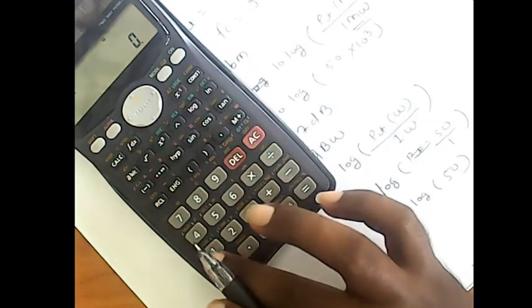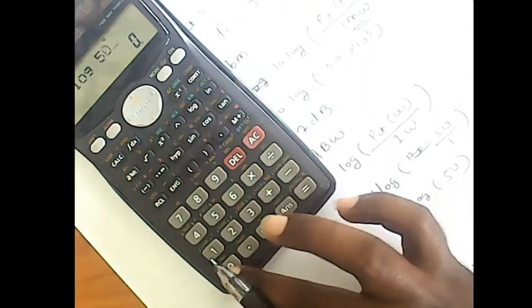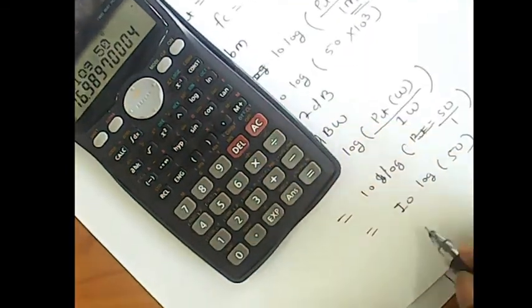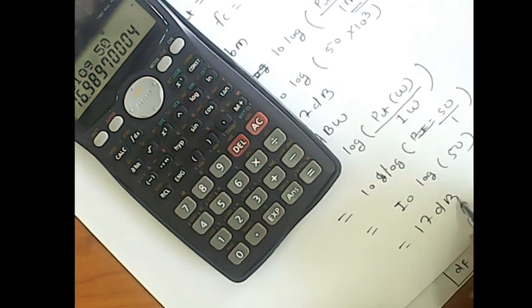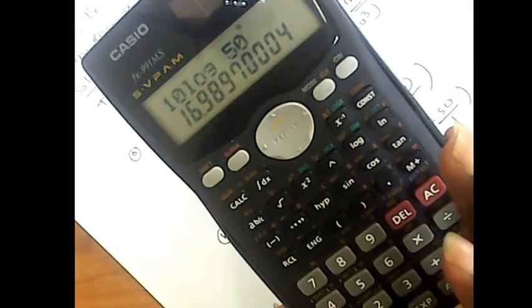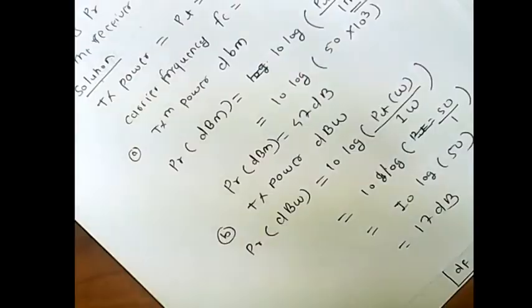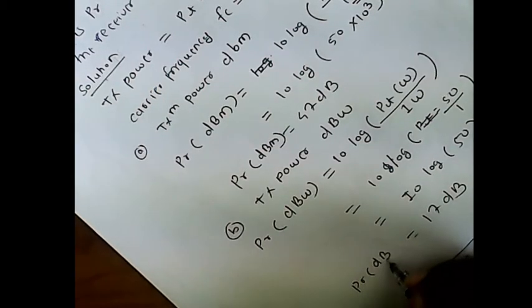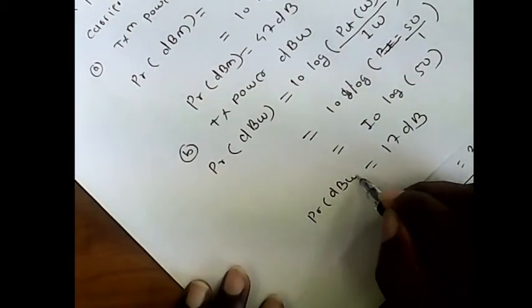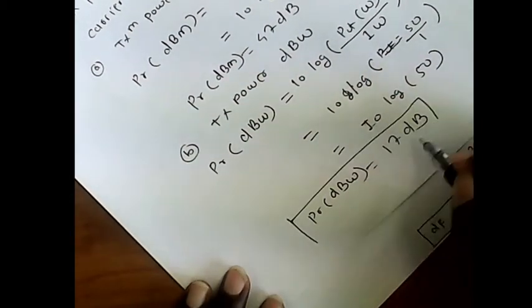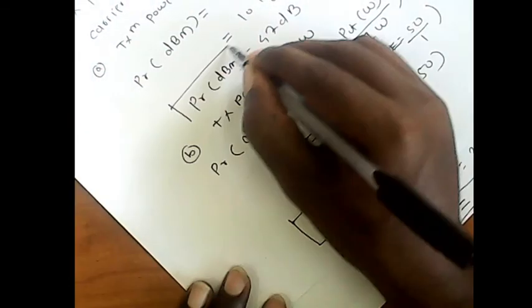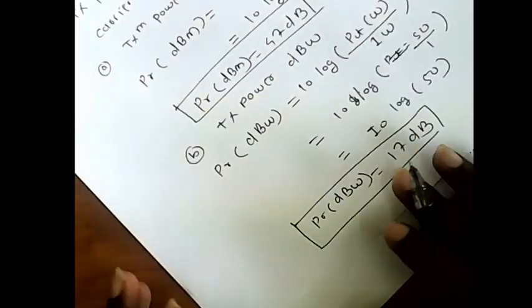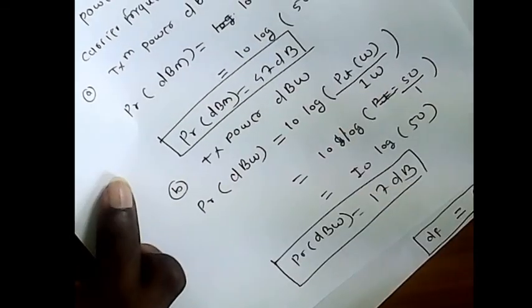If we calculate 10 log 50, it becomes 17 dB, 16.98. So this is the power in dBW, decibel watt. So this is the power in decibel milliwatt also. So this is the first question which is to be covered.